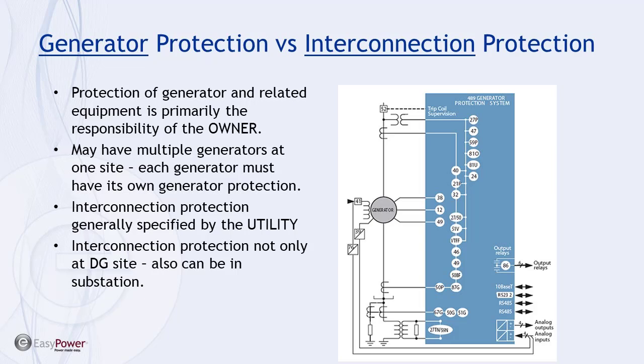They don't have to be, but the utility or the transmission operator is going to provide rules and guidelines as far as your interconnection protection. As far as the actual generator protection, that's more the responsibility of whoever owns the generator. So just keep in mind that those are related, but they're not necessarily going to be the same protection.